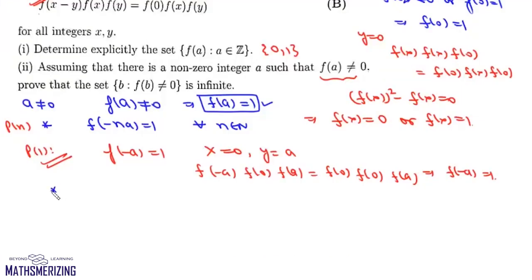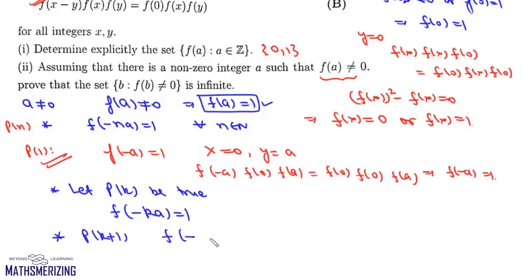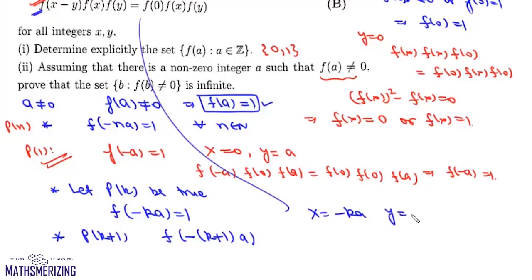Now the second step is we let P(k) be true. So if P(k) is true, that means f(-ka) is equal to 1. From here we have to prove that P(k+1) is true. Now P(k+1) is f(-(k+1)a). For that, in this second equation, we'll put x as -ka and y as a.